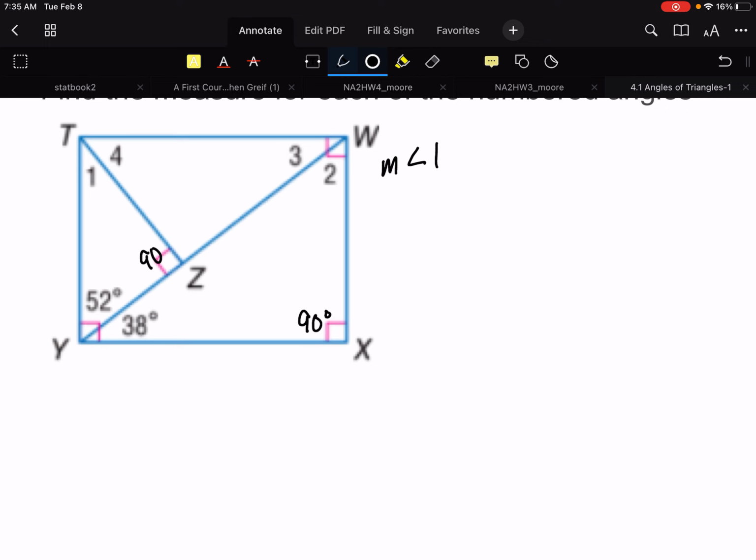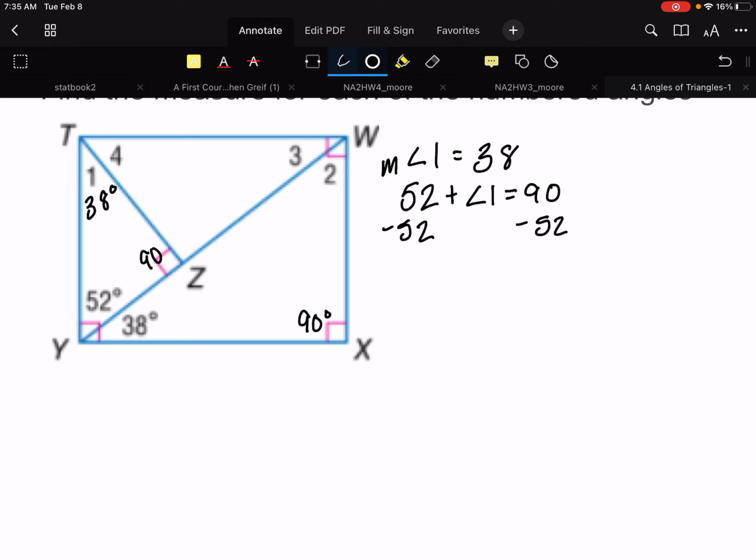So I should have 52 plus angle 1 equals 90 degrees. Subtract off that 52, which means that angle 1 is going to be equal to 38. So we've got that one.